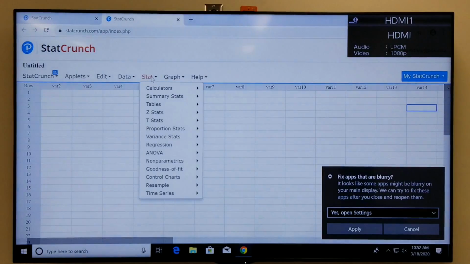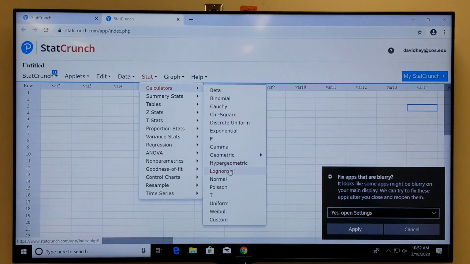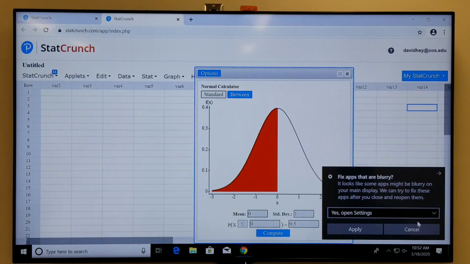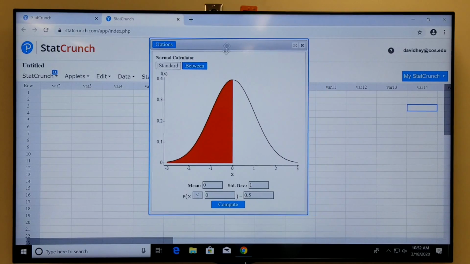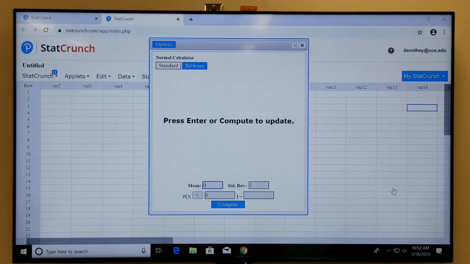So we go to Stat, Calculators, Normal. We're going to put in, for the mean, we said we would put in 0.15. For the standard deviation, we said we would put in 0.033. And we're looking for the probability that p hat is less than or equal to 0.12.